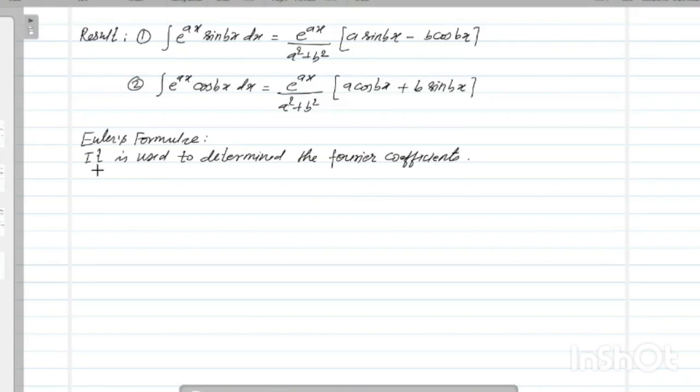Let, if I define, इसको मैं ब्रैकेट में डाल देता हूँ. ठीक है. Let f of x be a periodic function of period 2 pi.